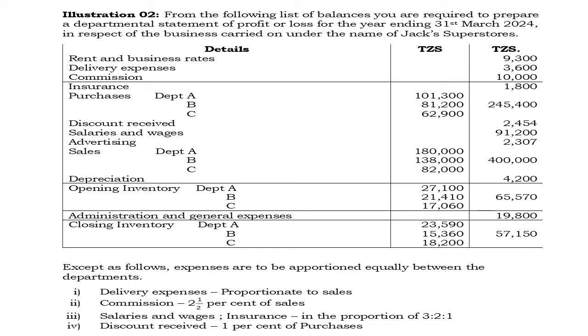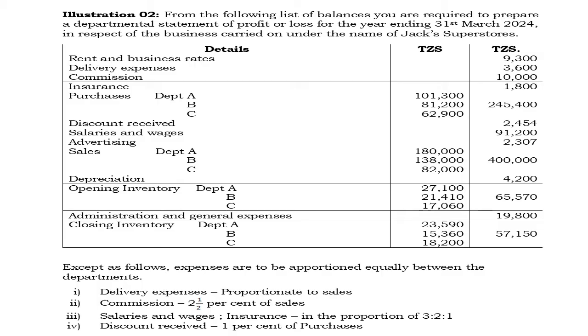From there, there is additional information. Expenses have to be apportioned equally between the departments, except the ones mentioned below. The delivery expenses, which we can see in row number 2, are to be proportional to sales.